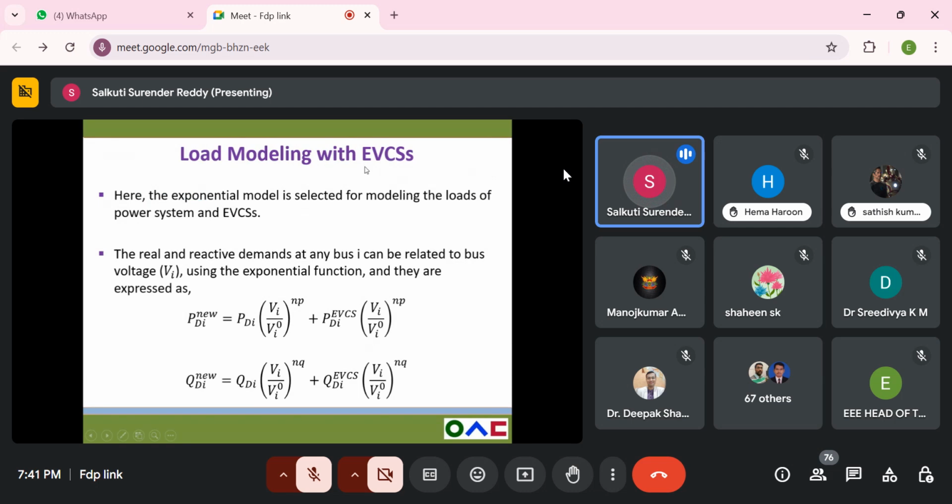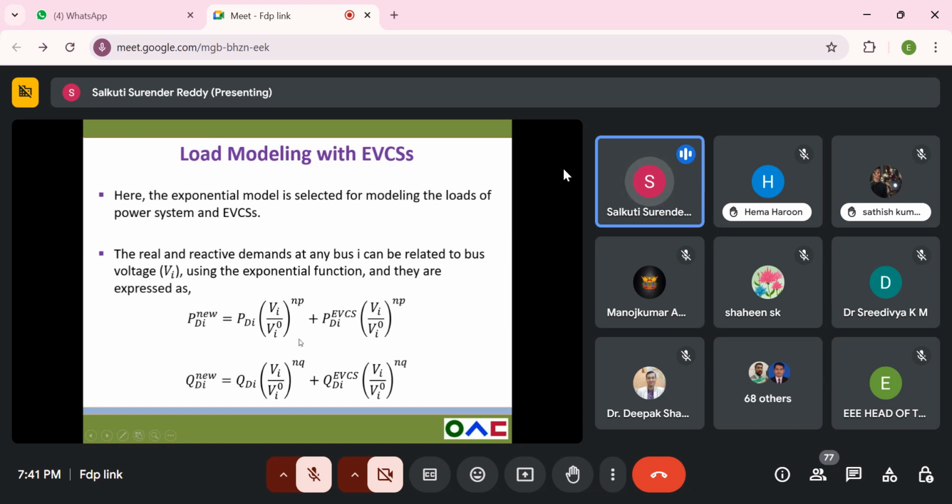So, load modeling with electric vehicle charging station. The load which we get is different from the practical. In practice, the load can be modeled by using different techniques, different models, maybe an exponential model or ZIP model.